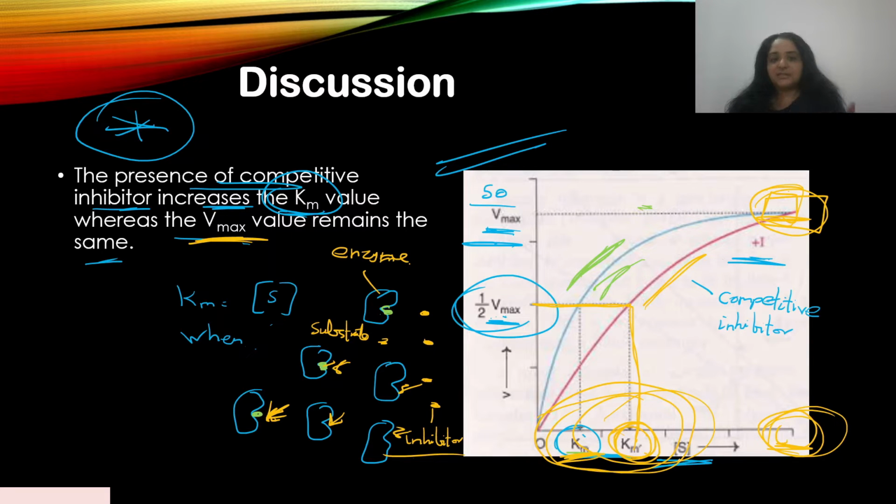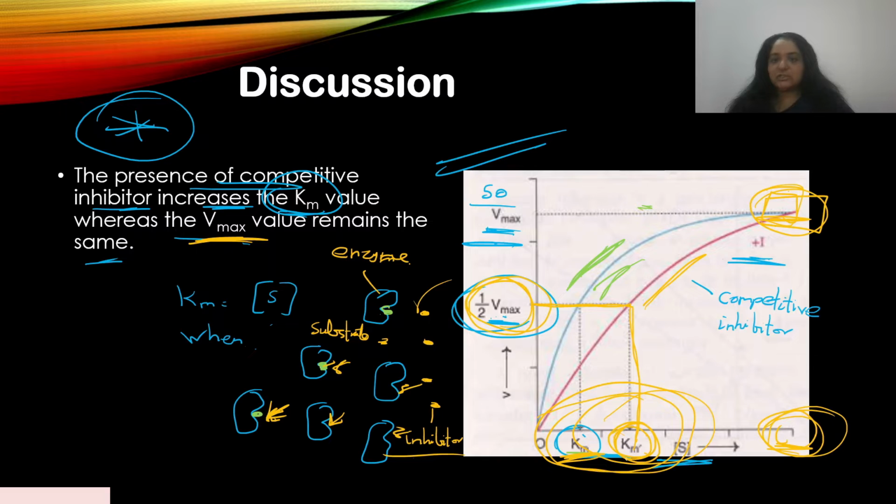Obviously when there's an inhibitor, if you look at it logically, the amount of substrate available has kind of decreased, and the inhibitors are beginning to occupy the space of the active sites, right? So now you need more substrate present in the solution to at least bring the value to half of the maximum velocity.